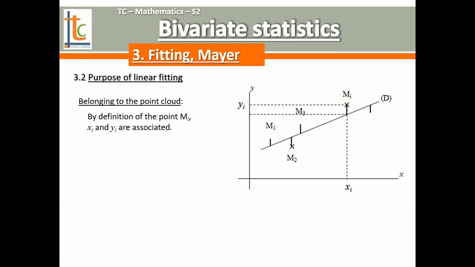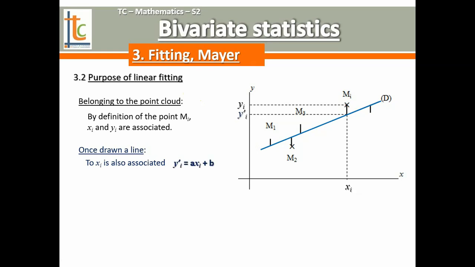So we have to be able to calculate the ordinate on the line corresponding to the same abscissa as the one of a point. As the notation y is taken by the point, we have to create a new notation for the ordinate on the line. Let's name it simply y prime. y will be given in an exercise, it's a result of a survey, for instance. y prime has to be calculated thanks to the expression of the line.